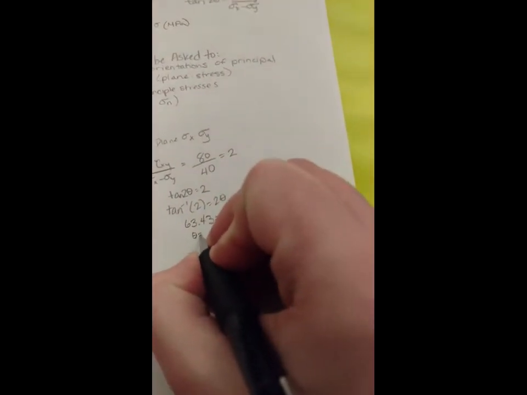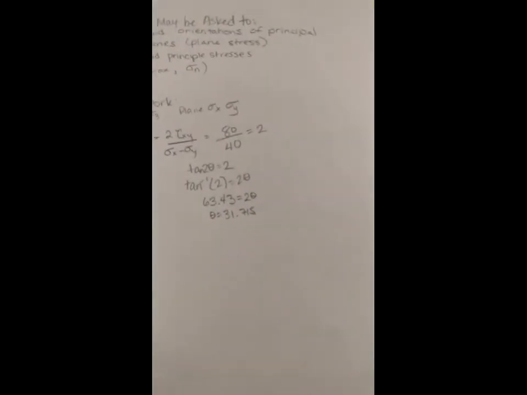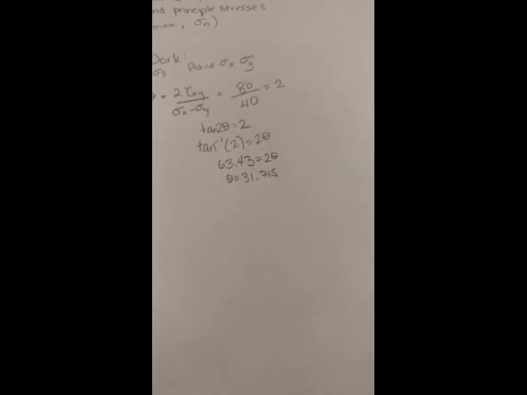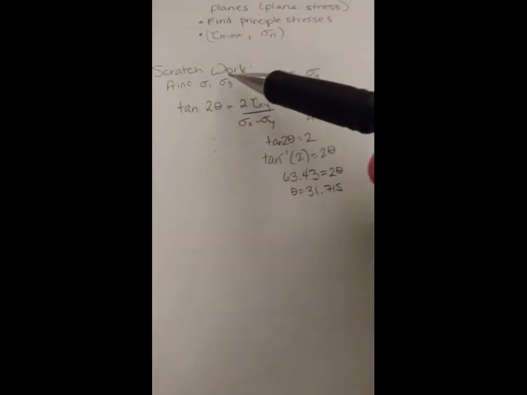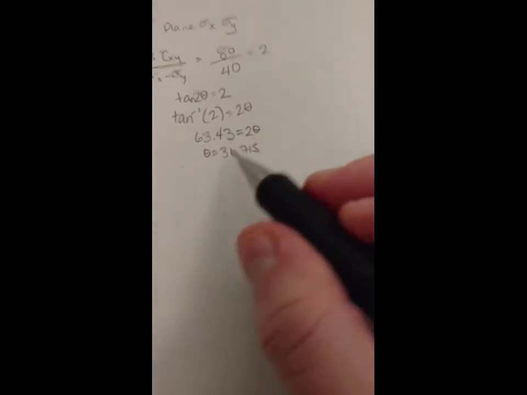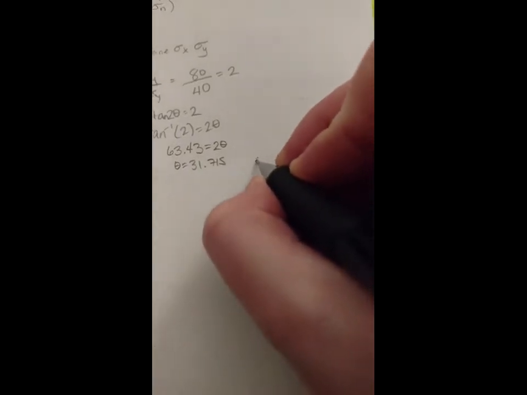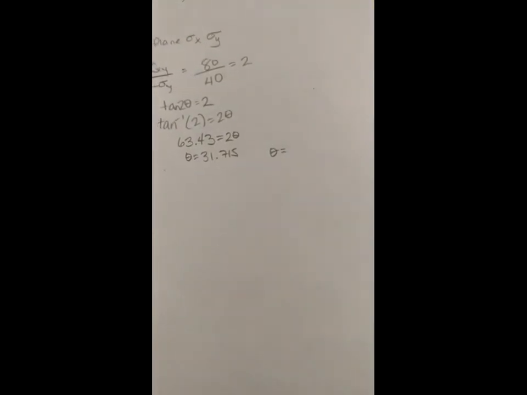So here, theta is 31.715. Now, remember that you need to get 2 numbers here. The reason why you need to get 2 numbers is that you have 2 principal stresses that you're trying to find the orientation to. So this might be the orientation to the first principal stress, and then to the second one, you're going to add 90.